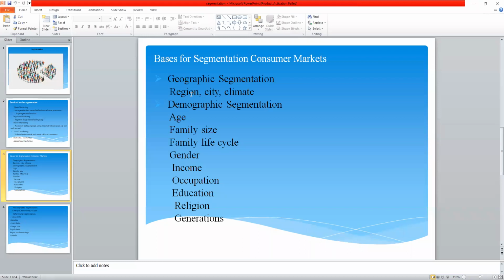Now, if we consider geographic segmentation, it calls for dividing the markets into different geographical zones or areas based upon nations, states, regions, countries, cities, or neighborhoods. Each and every nation has its own cultural background.